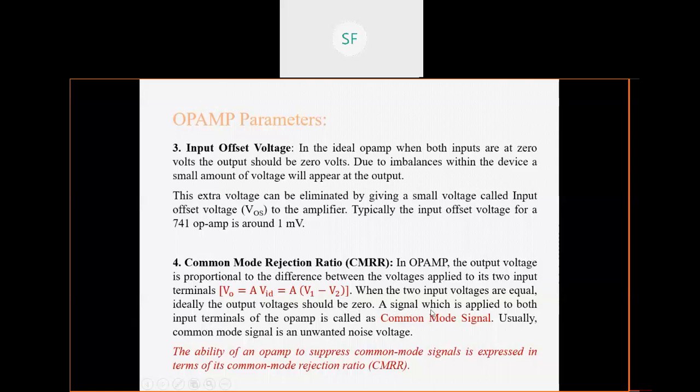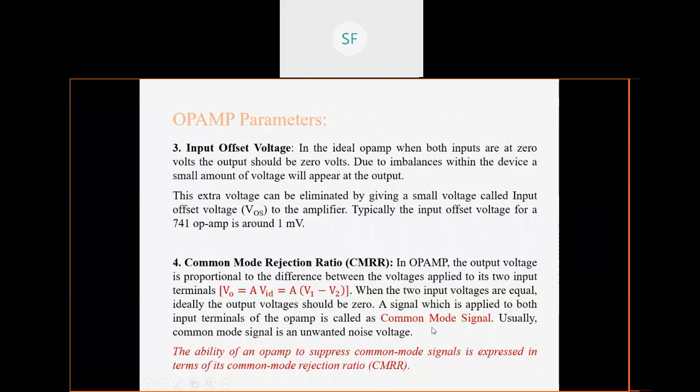That means a signal applied to both input terminals of an op amp is called a common mode signal. This is the definition. What do you mean by a common mode signal? A signal applied to both inputs, non-inverting and inverting. If you apply the same input to both, that signal is called a common mode signal.